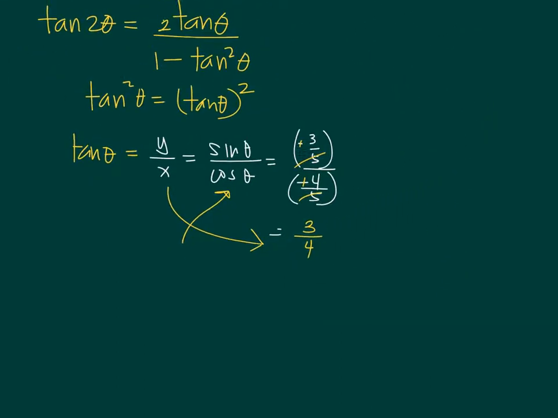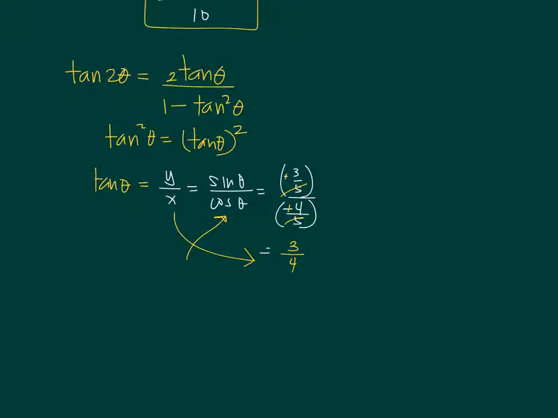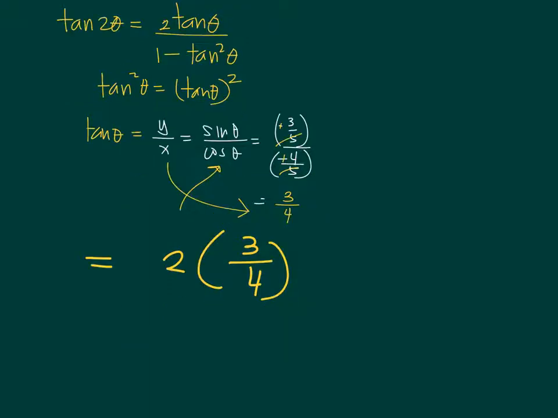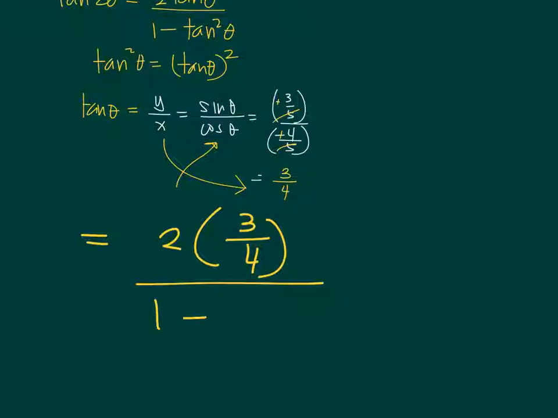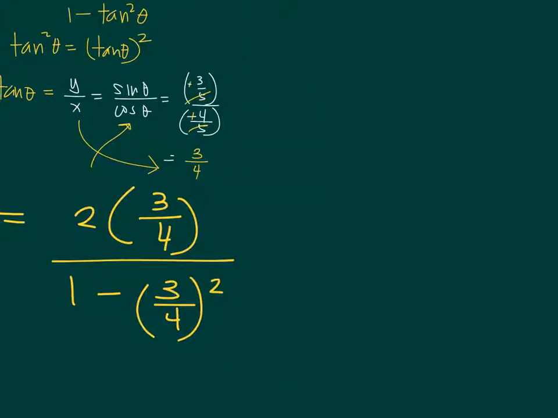Okay, so we are now ready to put the values. We have 2 times tangent, so that's 3 over 4, over 1 minus 3 over 4 squared. Tama? 2 times 3 over 4, wag na muna tayo mag-reduce.